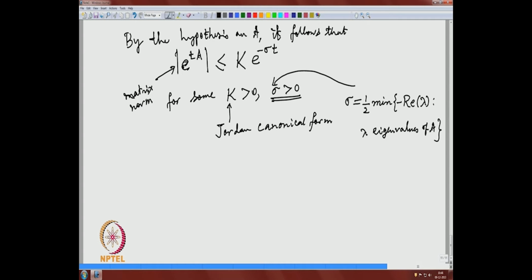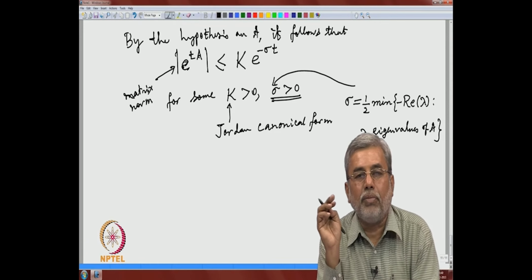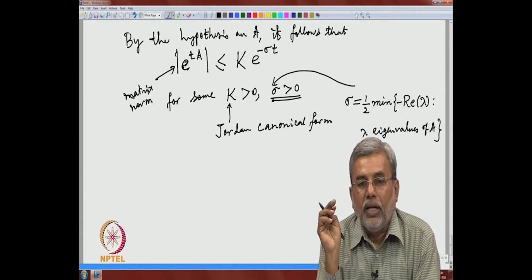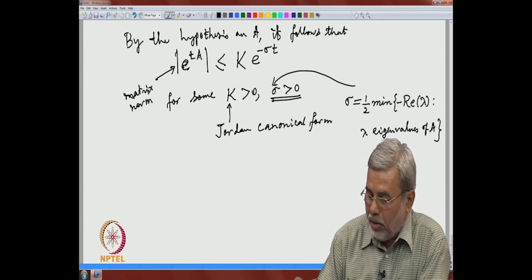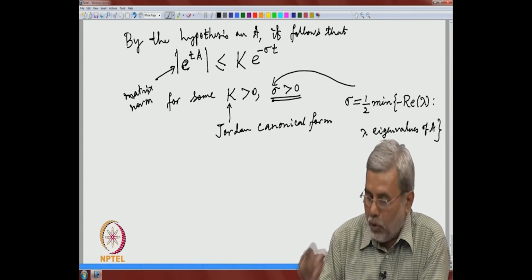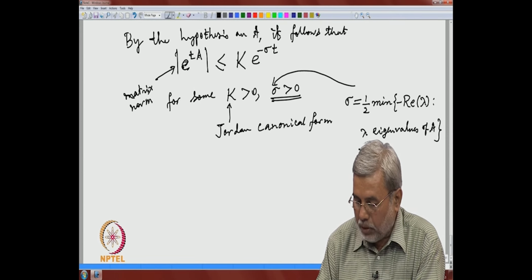This is a spectral property of A, since eigenvalues describe the spectrum. By our hypothesis, these minus real parts of lambda are all positive, as there are only finitely many eigenvalues, so sigma is positive.